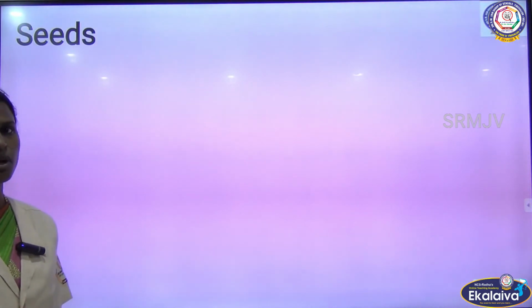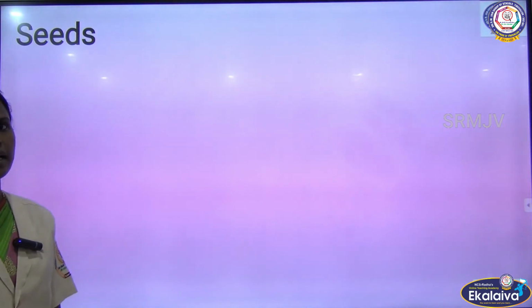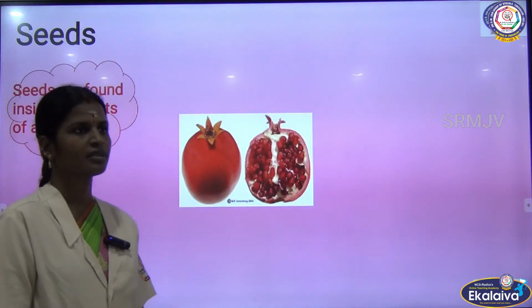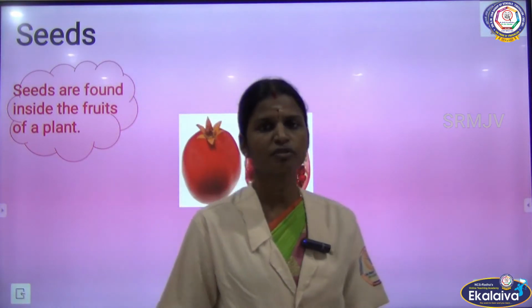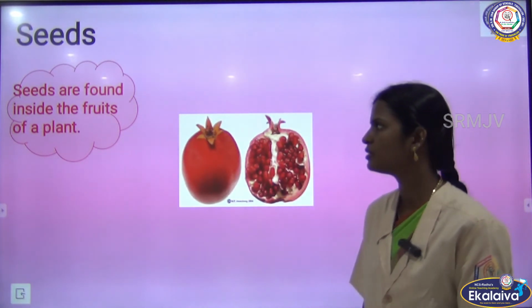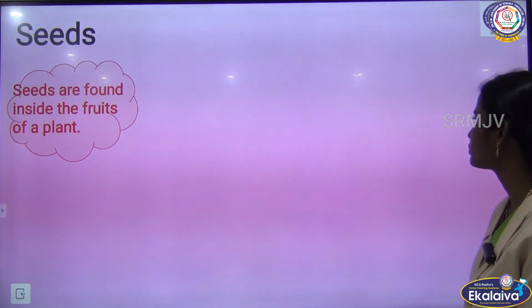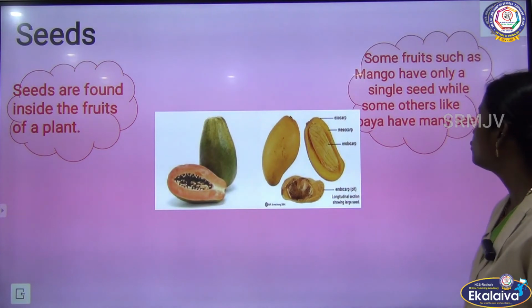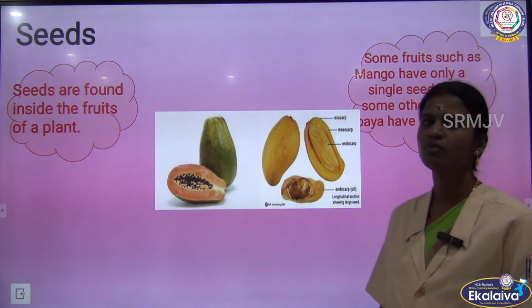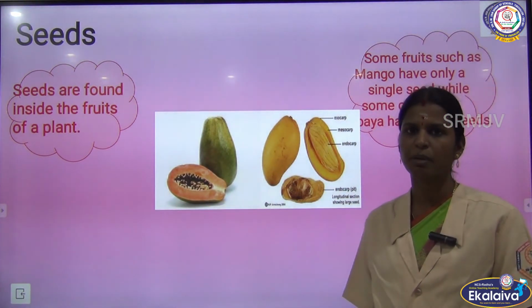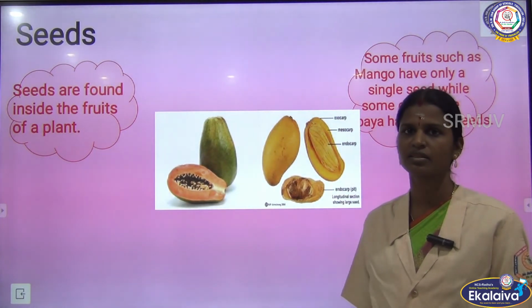And now let us see about seeds. Inside the fruit seeds are present. Most of the fruit contains seeds in it. Some fruits like mango have only one seed, while other fruits like papaya have many seeds inside.